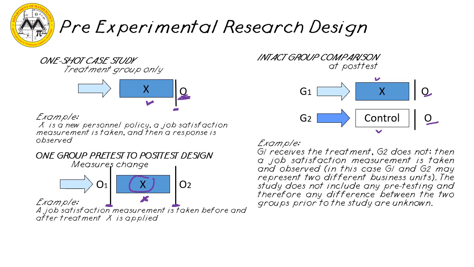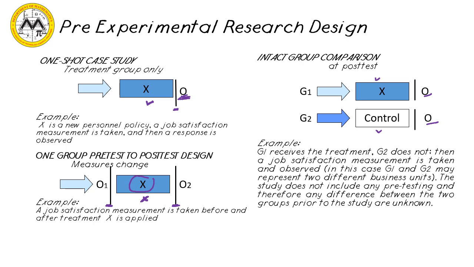The study does not include pre-testing, and therefore any differences between the two groups prior to the study are unknown. So it is possible that group 1 is really better than group 2, and then you apply the treatment, and then at the end, the factor really is not based on X or on the treatment alone.